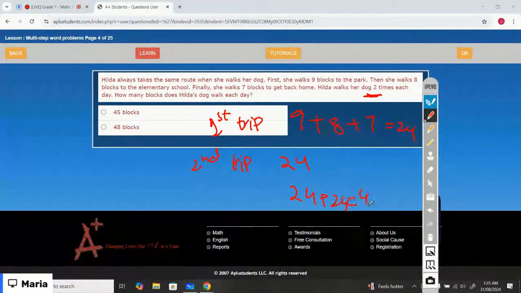So 24 plus 24 is 48. The correct option is 48 blocks. Option number 2 is the correct option.